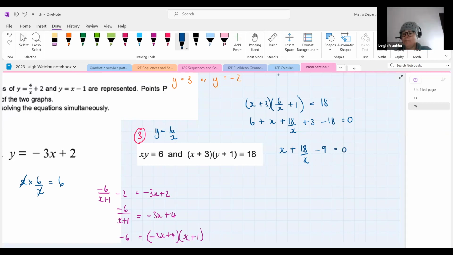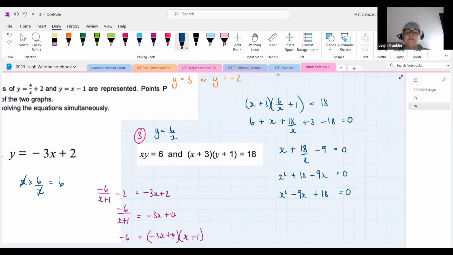Okay. I'm going to multiply through by x. So this gives me x squared plus 18 minus 9x is equal to 0. I'm going to get it into standard form. So I'm going to put that in the middle and the plus 18 at the end.